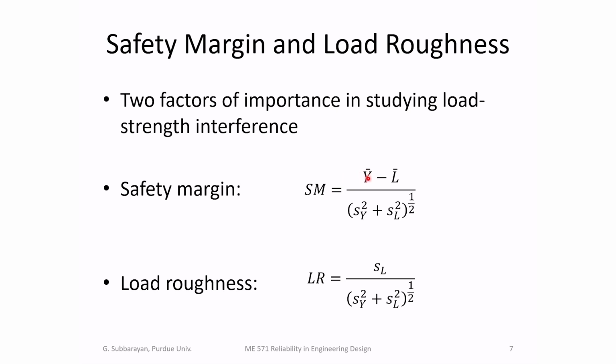So the safety margin is the mean value of strength minus the mean value of load, divided by the squared standard deviation of strength plus the squared standard deviation of load, the whole thing raised to the power 1/2.